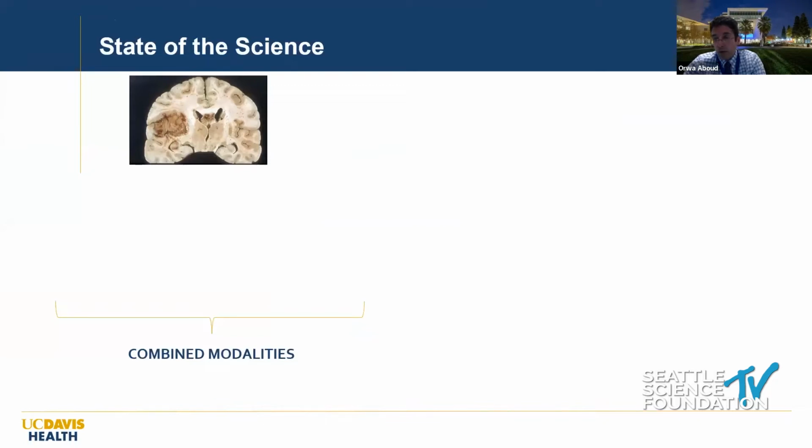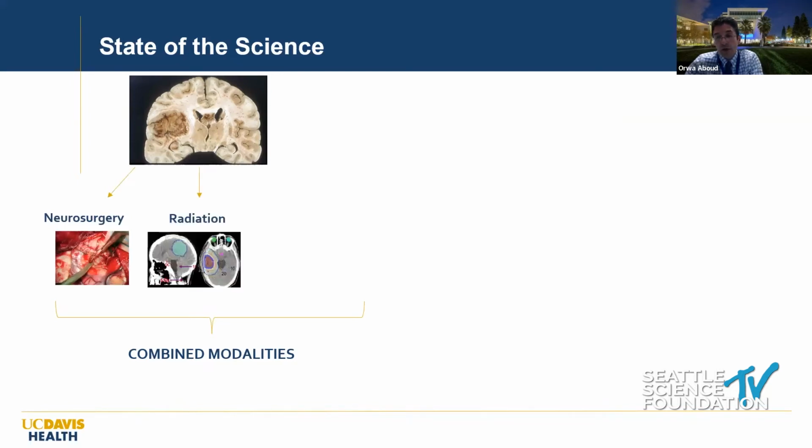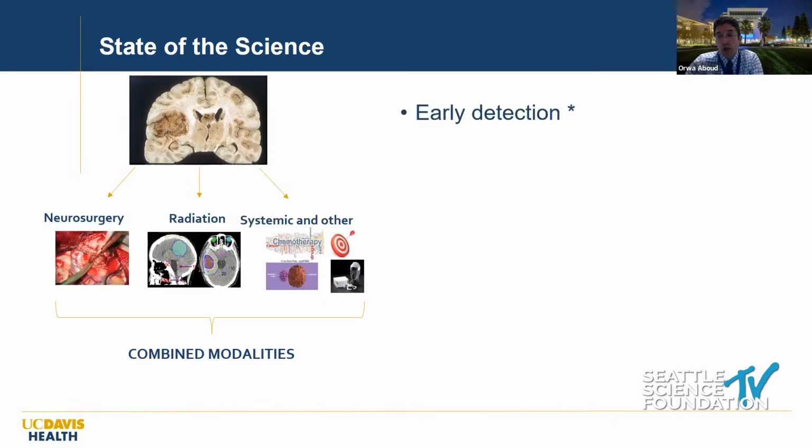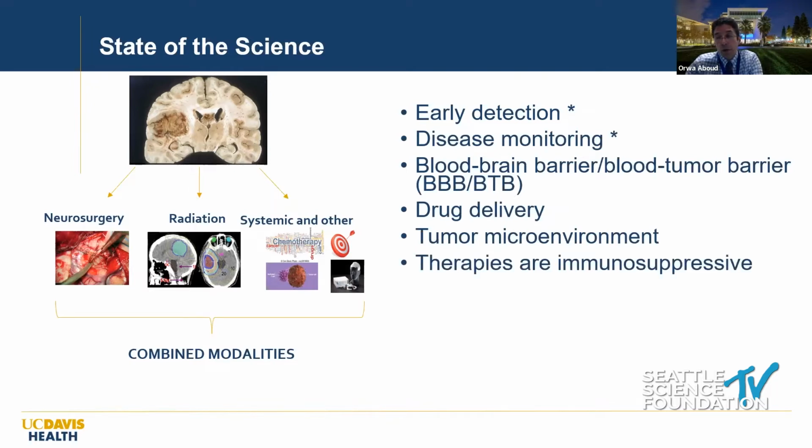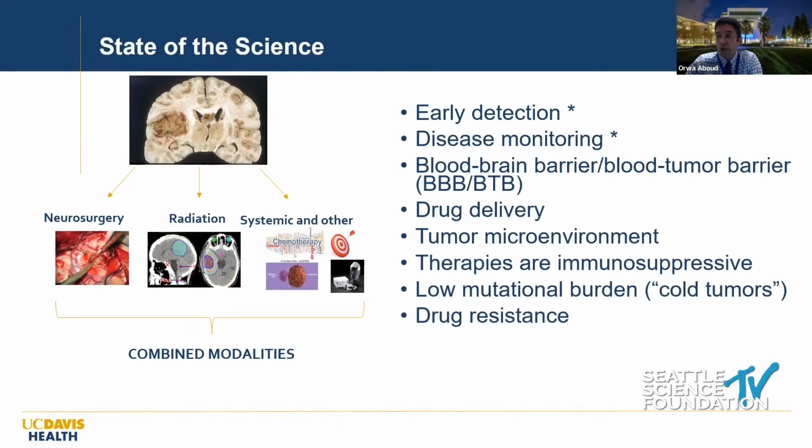As our previous speakers have alluded to, regarding the state of science right now with glioblastoma in particular, the treatment for these diseases has included neurosurgery, radiation therapy, and systemic chemotherapy, and we're still faced with a lot of limitations and challenges, including early detection, disease monitoring, along with other limitations as shown in this list.